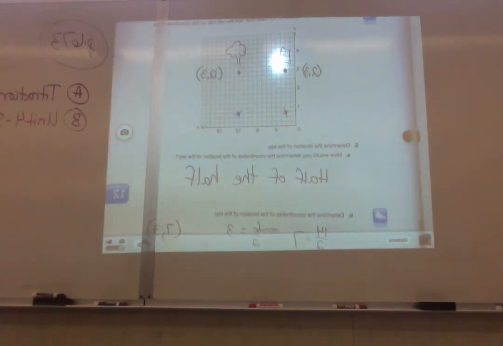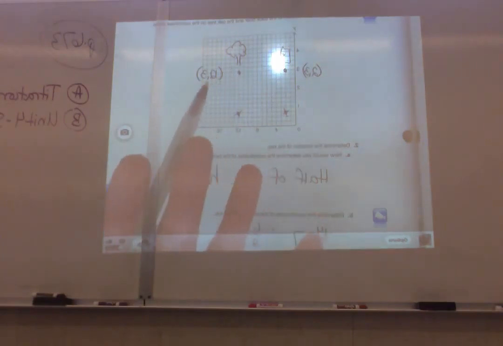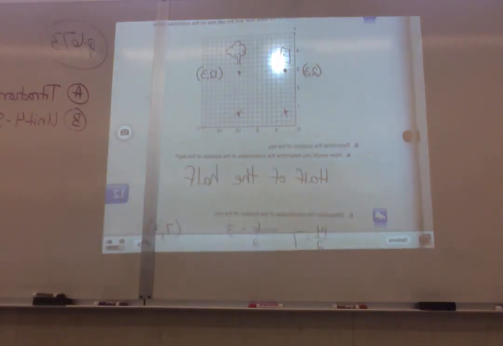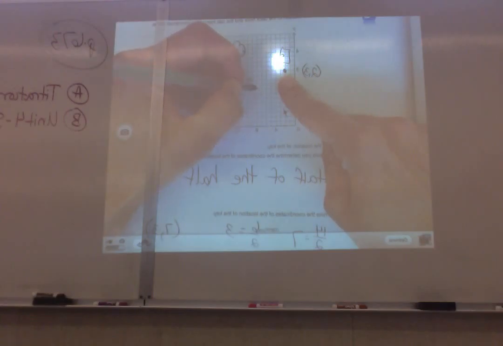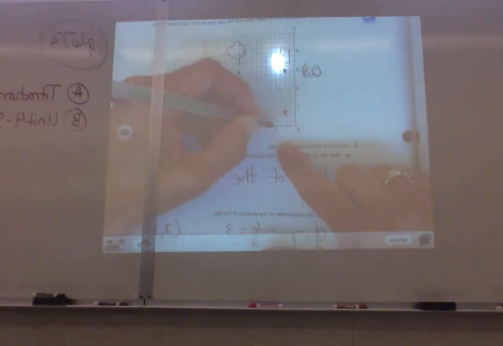So let's look at it. He remembers burying the key a quarter of the way between the back door and the oak tree. I would assume it's closer to the back door. What do you think? They're not very specific here. Could be a quarter away from the tree, or it could be a quarter of the way from the door. Let's assume we just found the halfway and it's at 7.